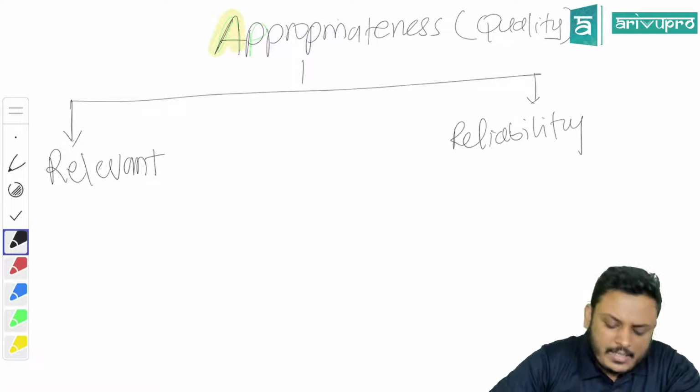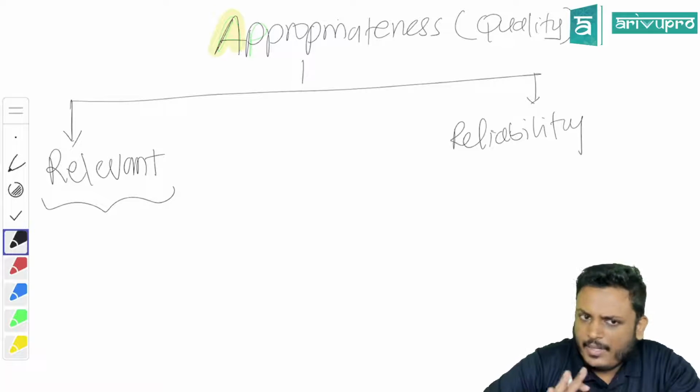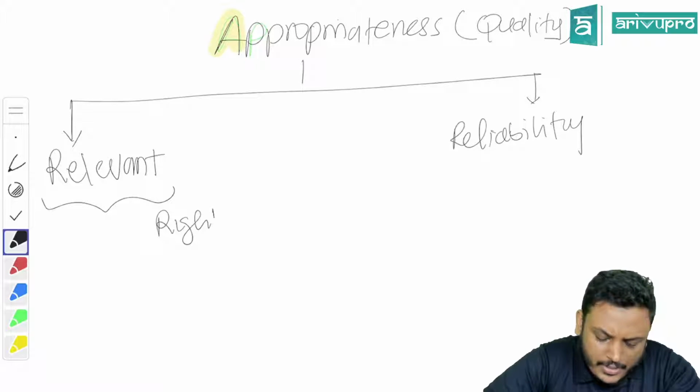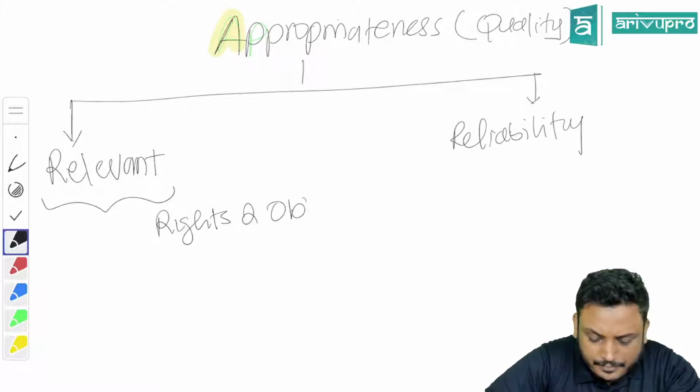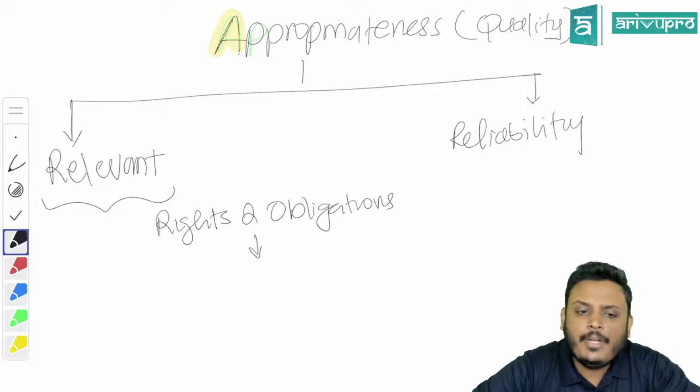So what is relevant? It should meet the objective of the assertion. For example, I'll take an assertion called rights and obligations.